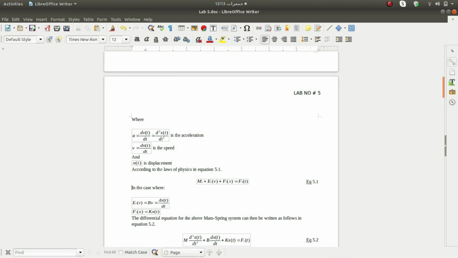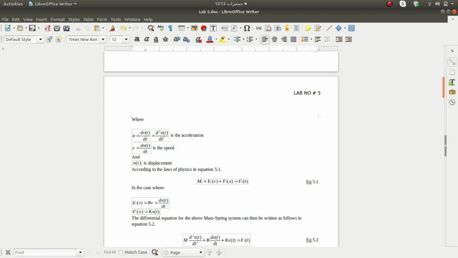So here we have equation 5.1, which is a law of physics. If we apply any force, it will be equal to the sum of individual forces acting upon that body. We have three different forces in this case. The first one is the mass multiplied by acceleration, the second is the frictional force, and the third is the spring force.